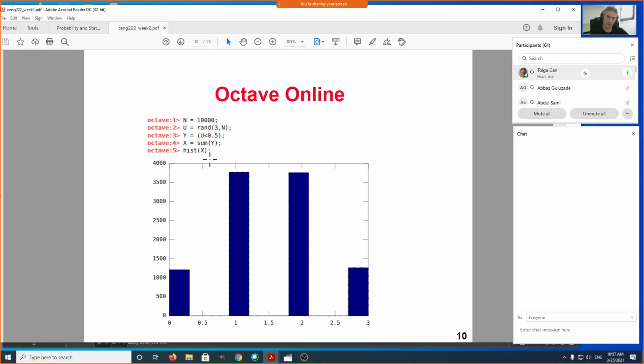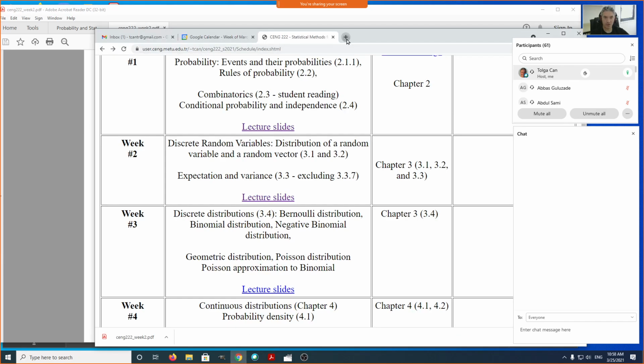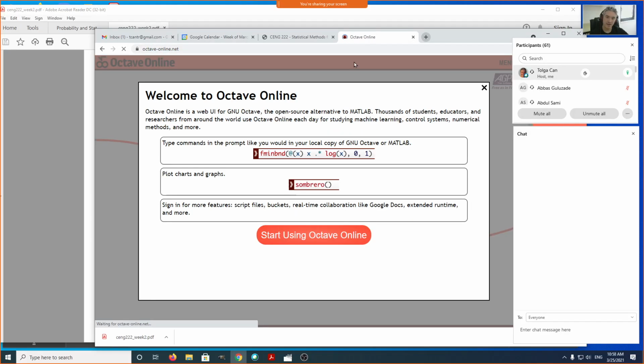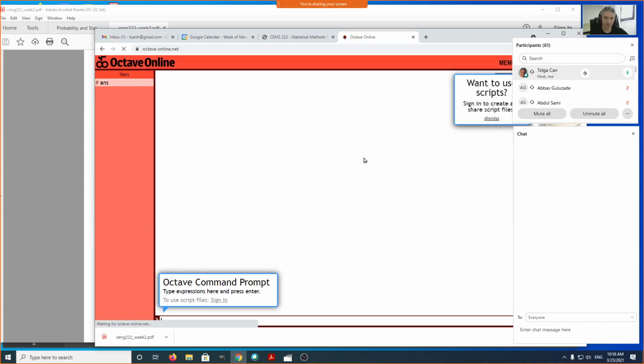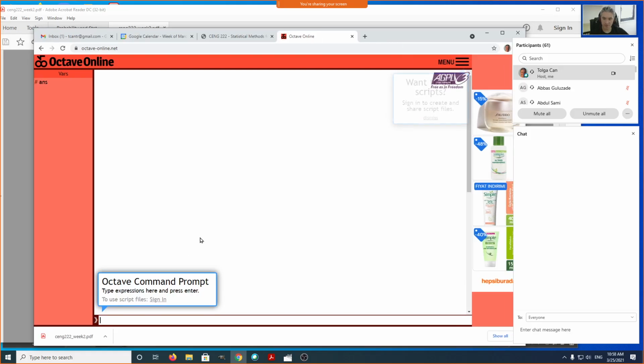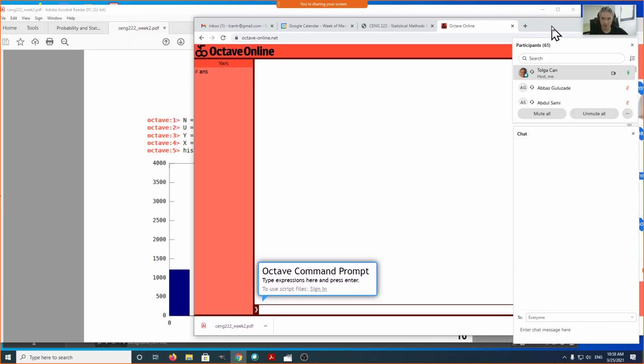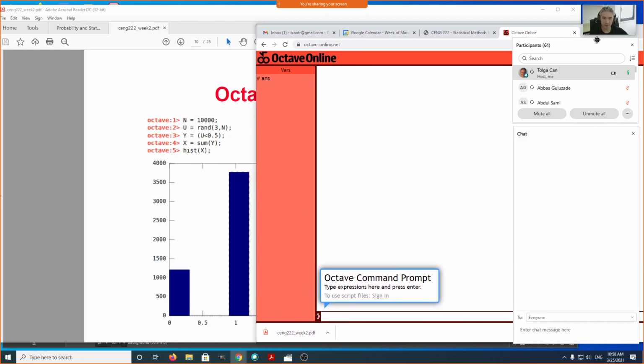But in the book, this is the first time that a MATLAB code is given, and it will be a nice experience for you to try this out. You can go to Octave Online, octaveonline.net, and here you can write, this is an interactive one.